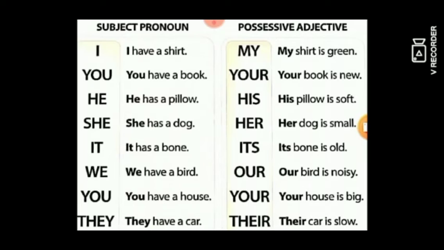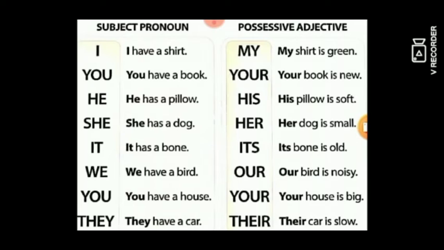That is wrong. When you are using the subject pronoun you, the possessive adjective should be your. You have a house. Your house is big. You house is big is wrong. For the subject pronoun they, we have to use their. They have a car. Their car is slow.